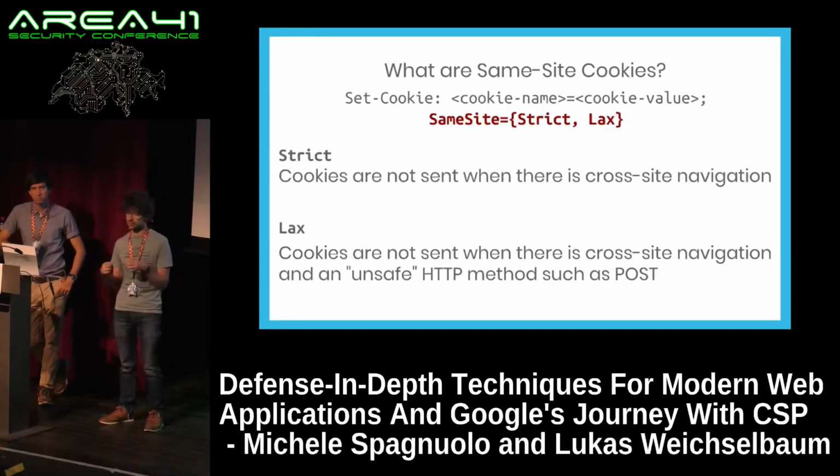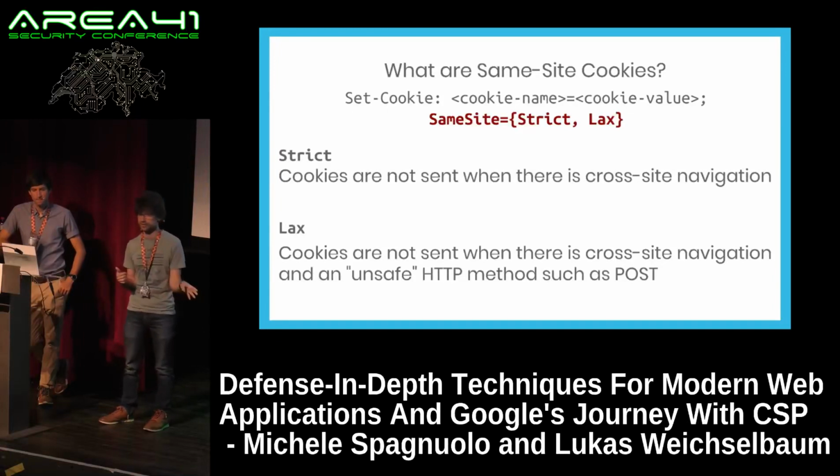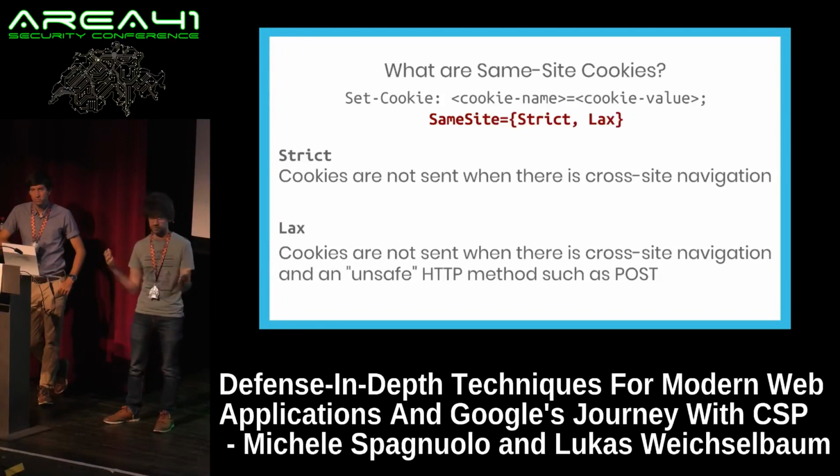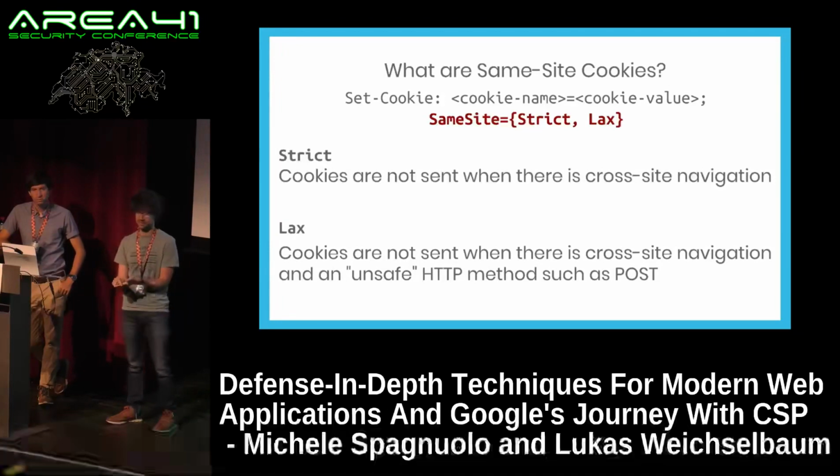This means any kind of navigation that comes from another site would not send cookies, even if you are logged in to the vulnerable website. This means that, for example, if the website uses SameSite strict and you receive a link via email or via Facebook or Google+, you click on it, and you're not authenticated. That's a GET request, and you're not authenticated because the navigation is cross-site.